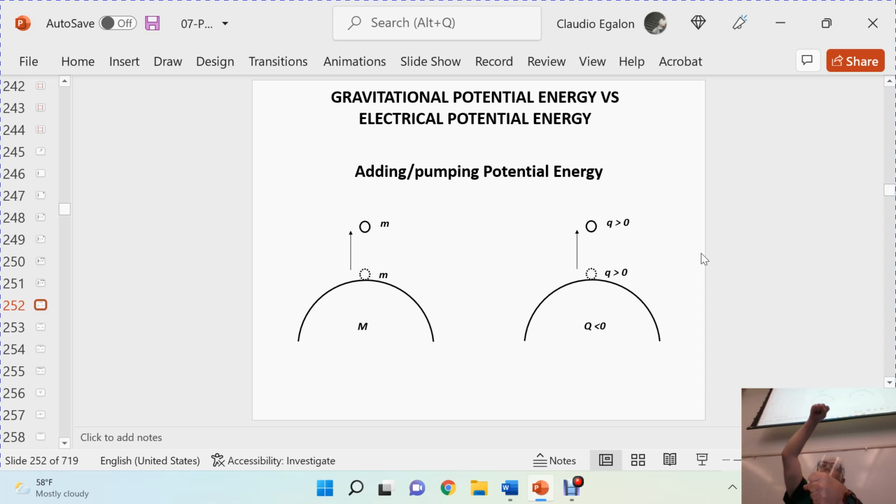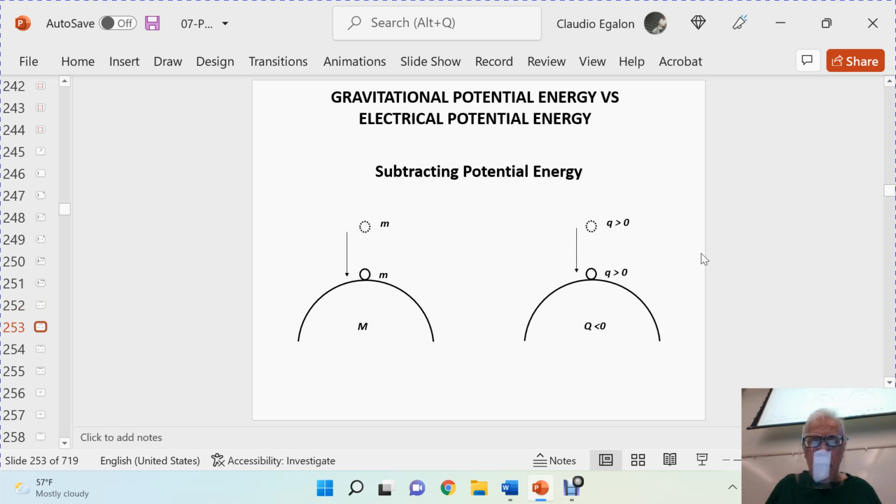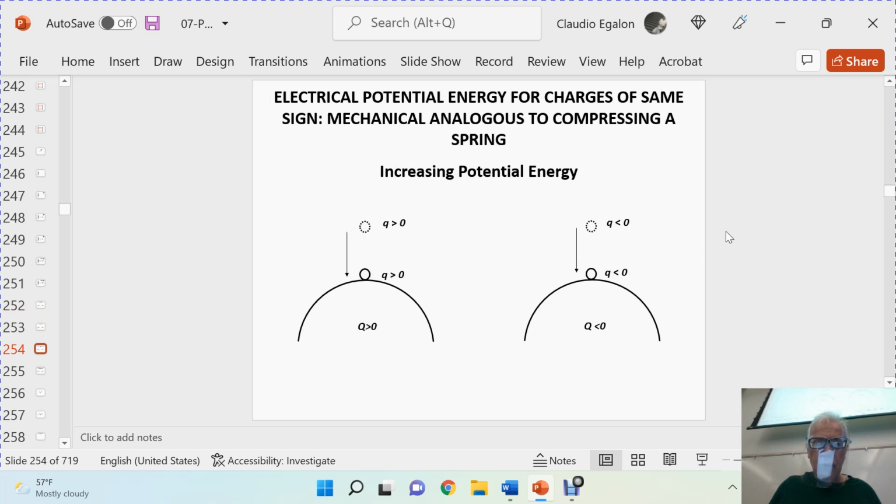If I hold those two charges in place, there is potential energy, electric potential energy. If I release them and they collide with one another, stay stuck, then there is no more potential energy in the system. That's how you gotta think. That's the example for positive and negative charges. But I can give you also an example for two charges with the same sign.